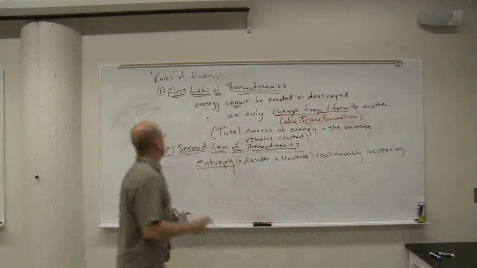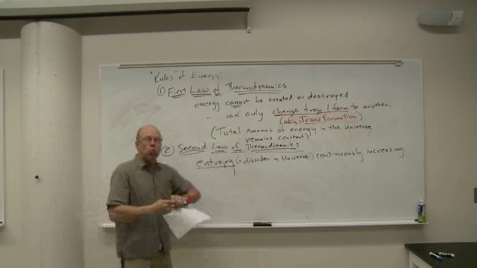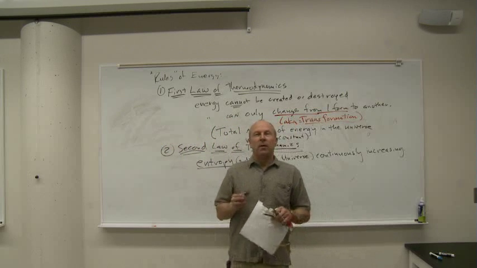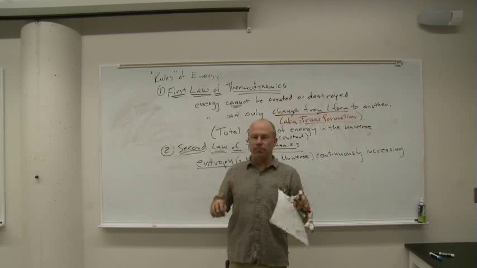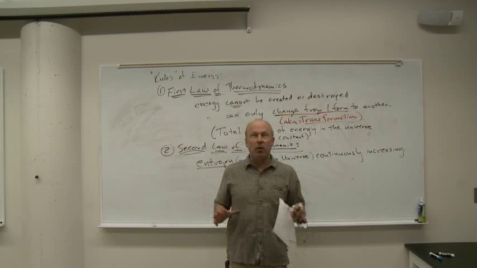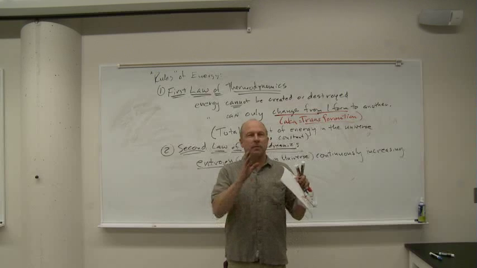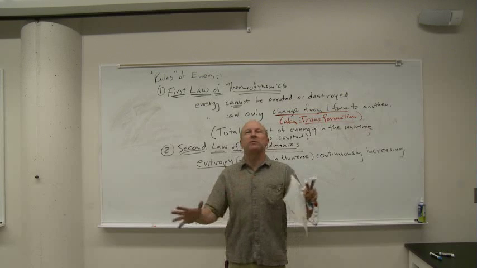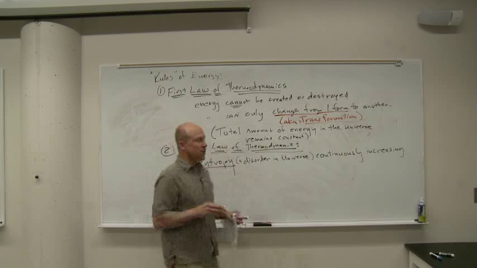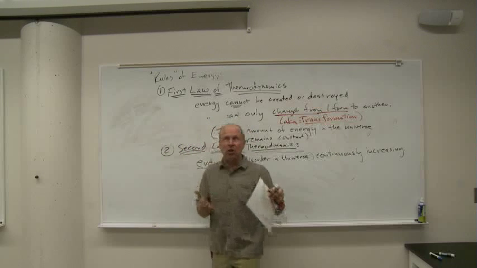There we go. That's the second law of thermodynamics. What you'll see in your book is this interesting idea. Think about the room in your house or your bedroom, whatever, that you've cleaned, and watch it become progressively disordered. That is the second law of thermodynamics in an analogy.